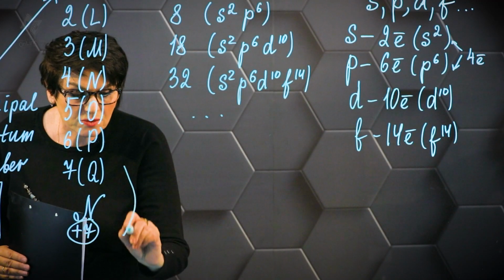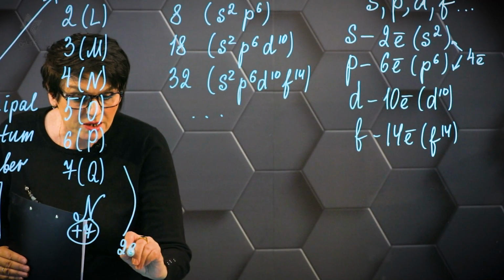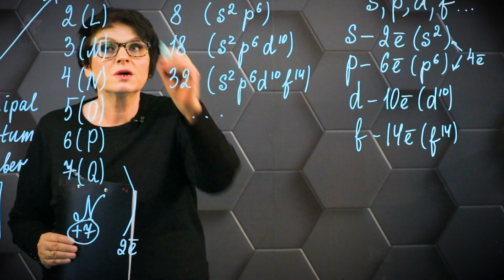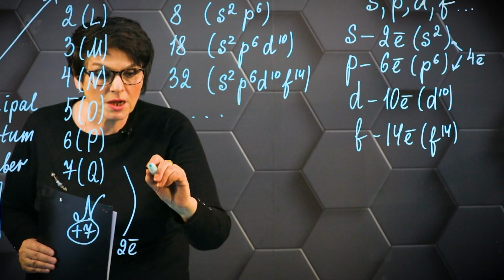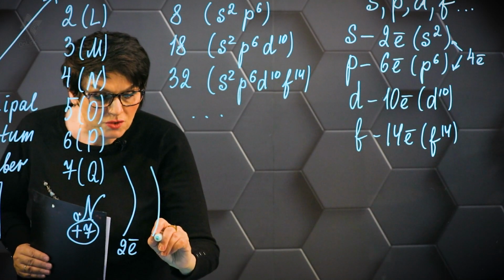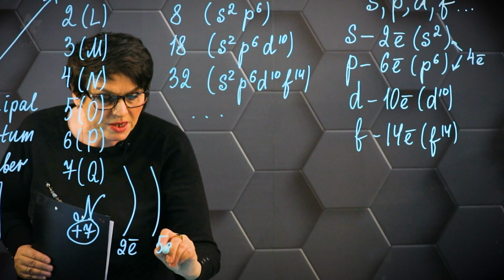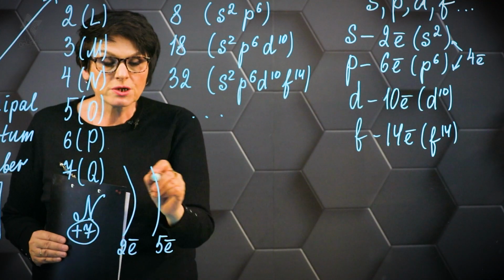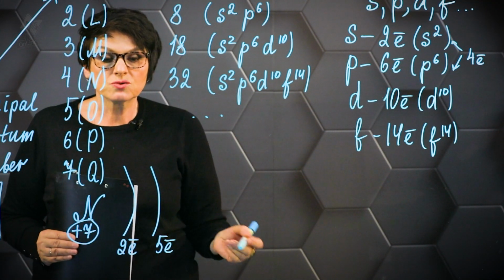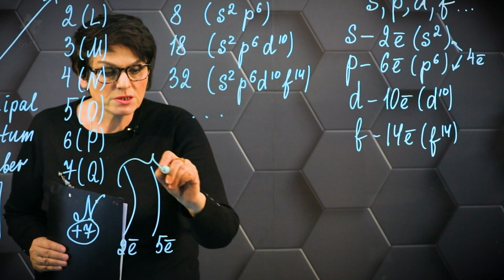And it can have 2 electrons on the first level, according to our scheme, and these will be S electrons. And on the second level, it will have 5 electrons, because there are 7 electrons in total. So how many energy levels does nitrogen have? As we can see, we have 2 such levels.